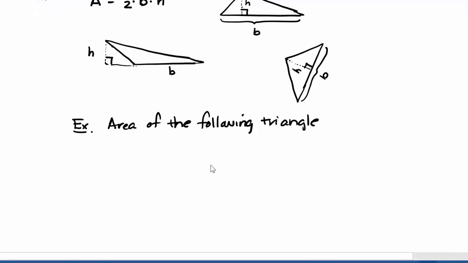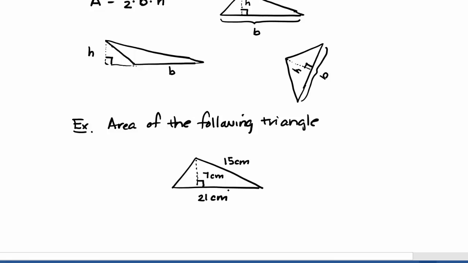Let's draw a better looking triangle. Okay, so I'm going to drop a perpendicular, and it tells me this is 7 centimeters. This side here is 15 centimeters, and this side down here is 21 centimeters.